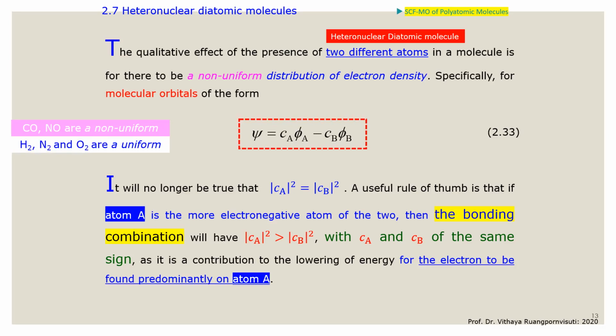It will no longer be true that the absolute square of Ca equals the absolute square of Cb.